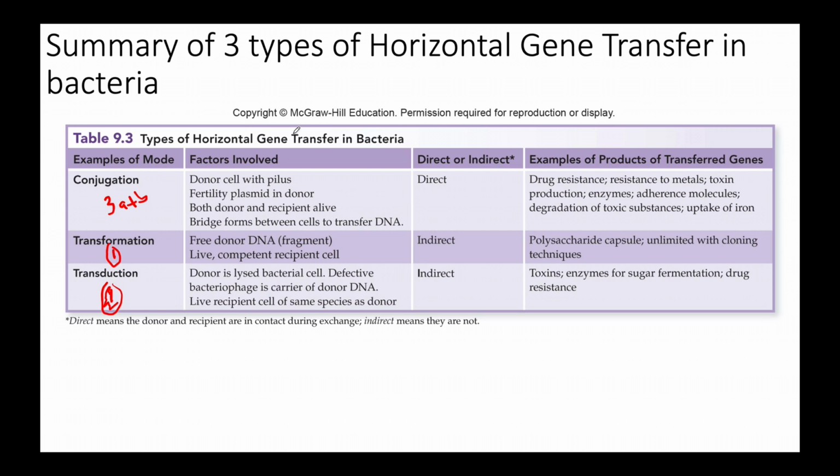I mean, it's odd from a human perspective because we can't transfer DNA in this way, but bacteria can. So it's a really important mechanism to explain how bacteria can change and evolve over time.